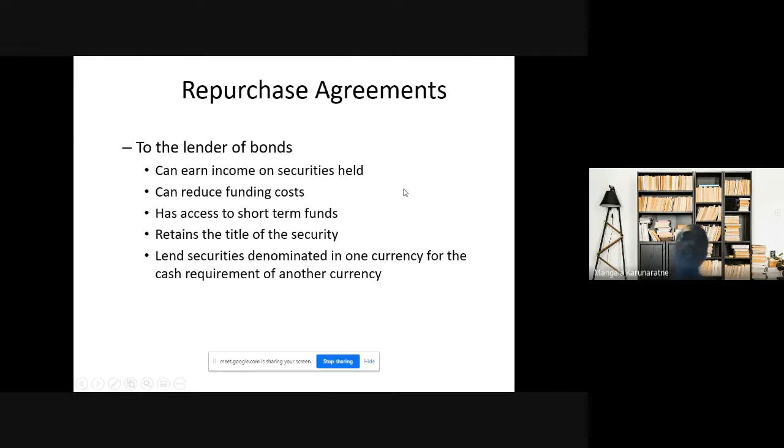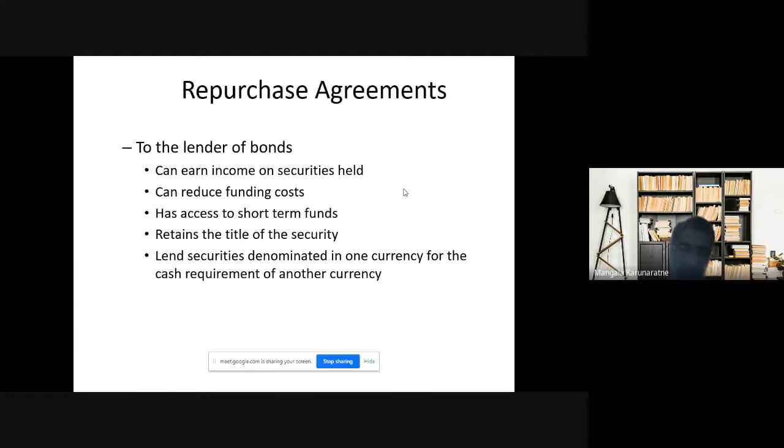Lender of bonds can earn income on securities held. Now if you have a bond portfolio, it gives you interest income, and this portfolio is highly liquid. But if you don't want to sell this, you can't make use of this money. Your money is tied up in this, right?